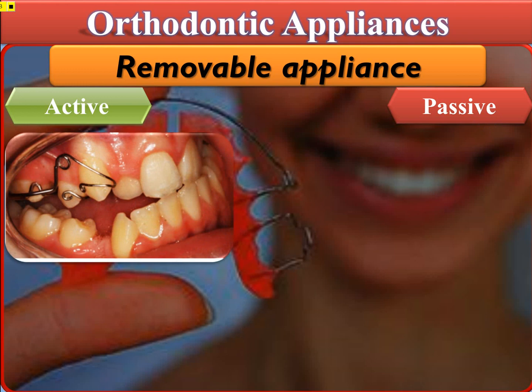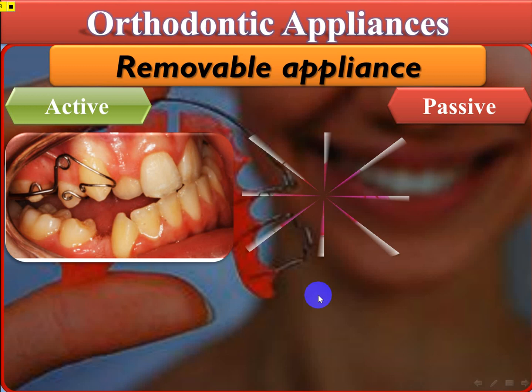Like in this case, you can see here this removable appliance has 2 active components. This is called a modified buccal canine retractor, sleeve type, and the finger spring fitted here is also an active component.